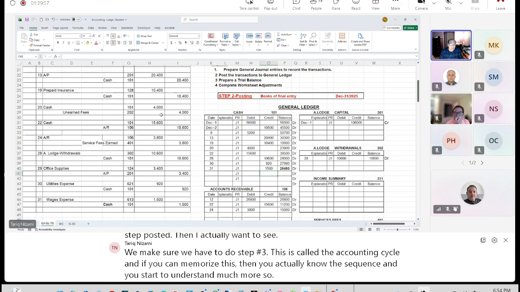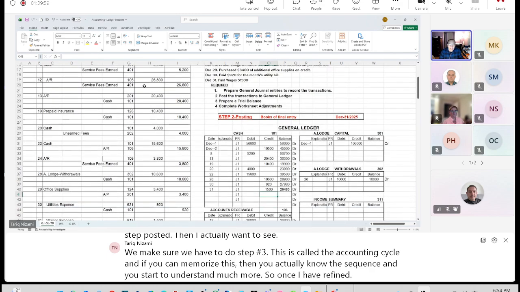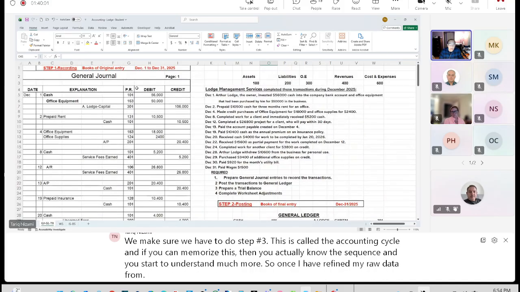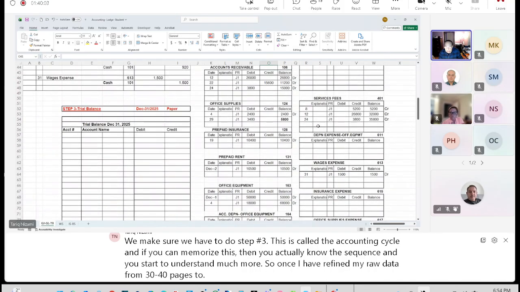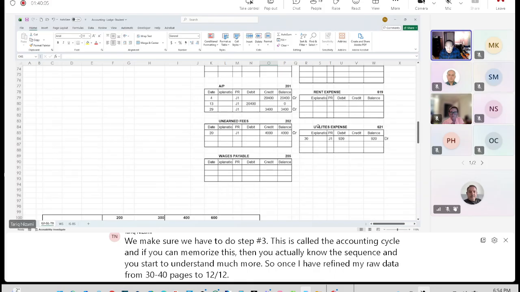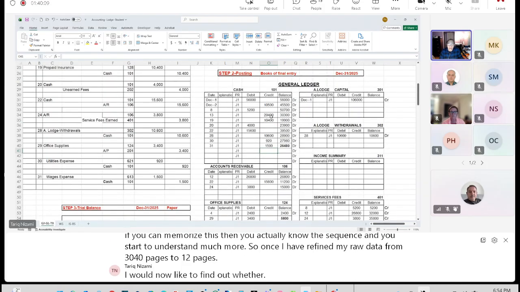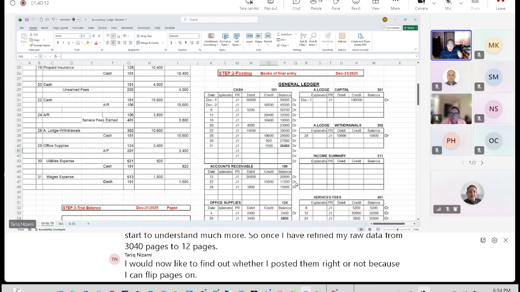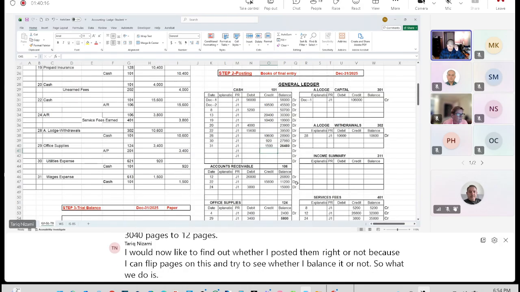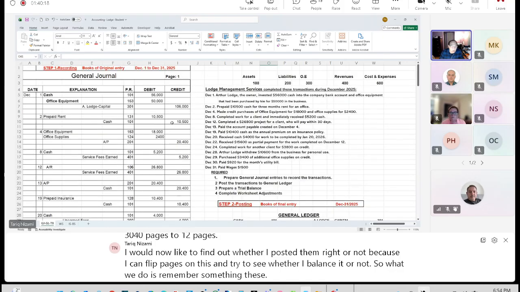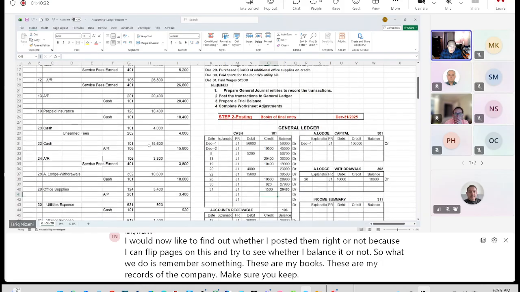So once I have refined my raw data from 30, 40 pages to 12 balances, I would now like to find out whether I posted them right or not, because I can't flip pages on this and try to see whether I balance it or not. So what we do is, remember something, these are my books. These are my records of the company. Make sure you keep this in mind.